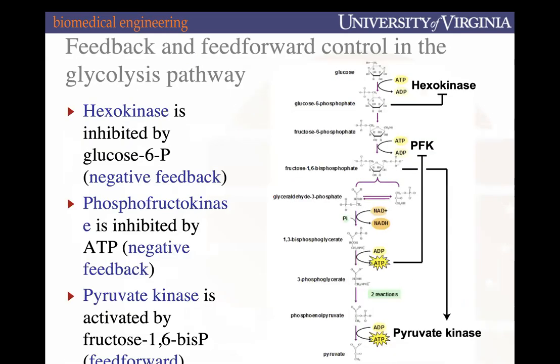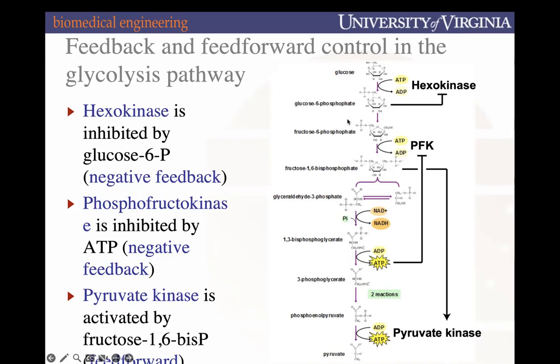The last thing, I'm about 1 minute over, I'm going to say this in about 30 seconds, is that there's feedback control on glycolysis. It matches up with the irreversible steps that we talked about a couple slides ago. At the level of hexokinase, there's negative feedback once the concentration of glucose 6-phosphate begins to rise.